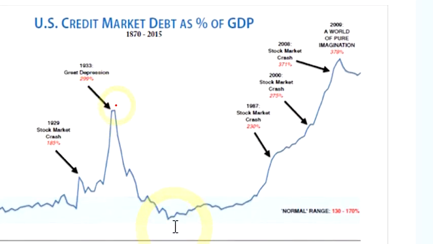So this is the Great Depression, where debt as a function of GDP got to 299%. And you can see here's 1987, 230%. Stock market crash of 2000, 275%. 2008 crash, 371%. And here we are.